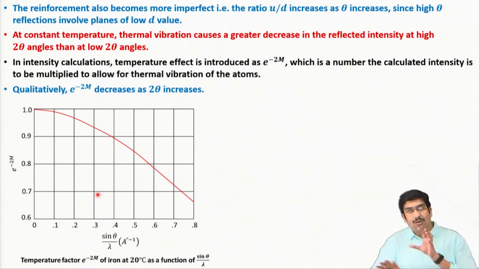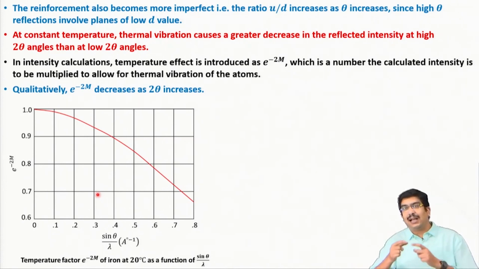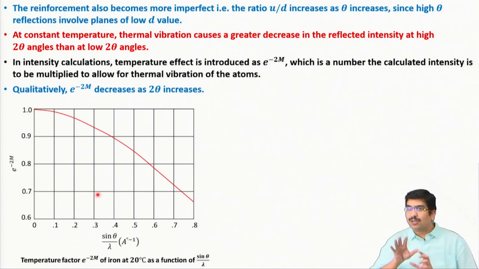So even at a constant temperature, u by d increases for higher 2 theta. As the diffraction angle increases, d decreases, and we get an increase in u by d as theta increases.